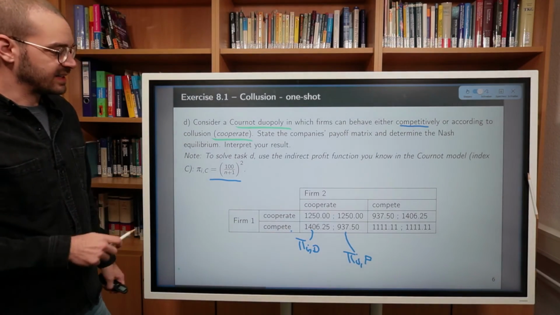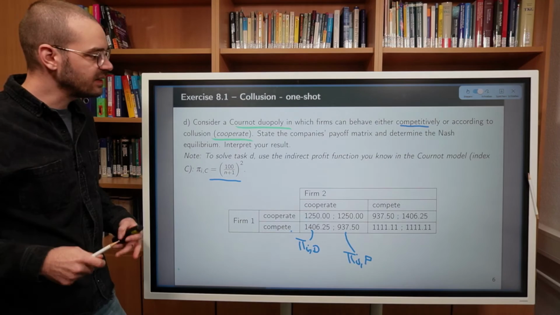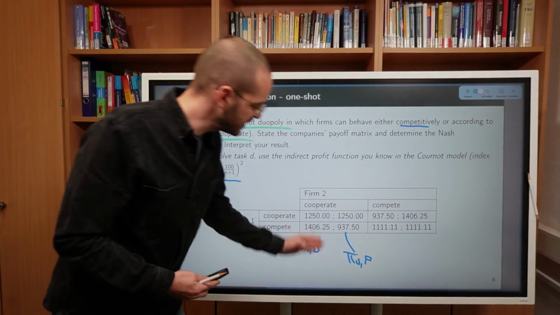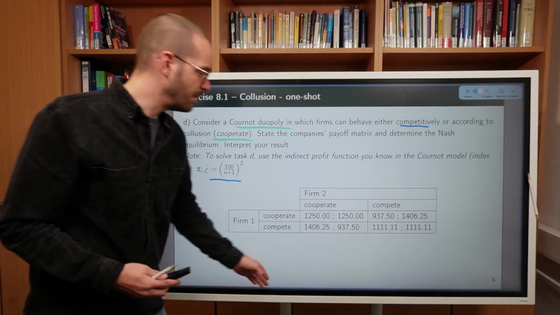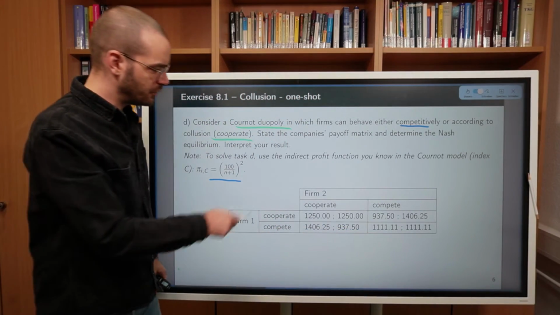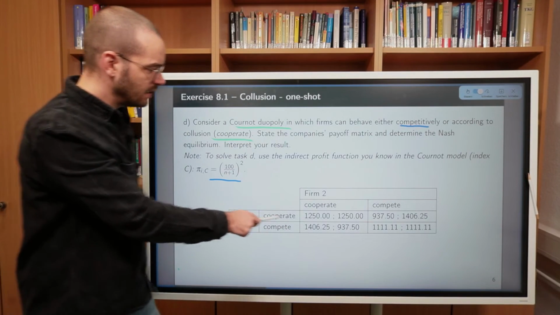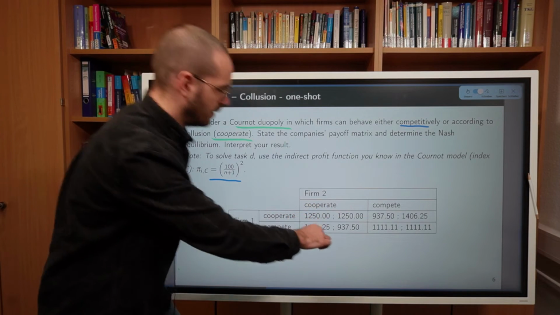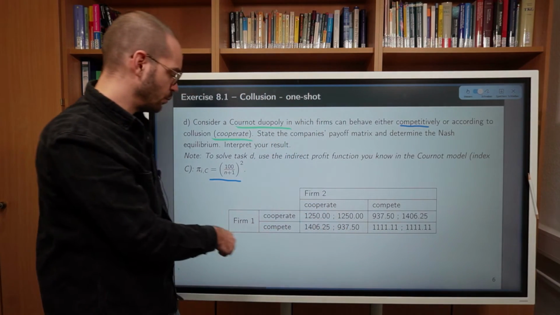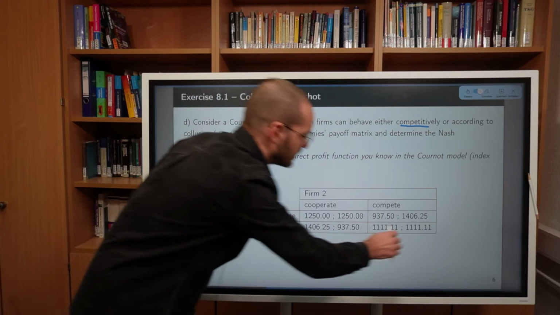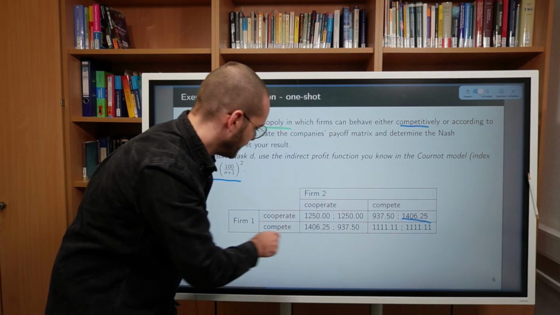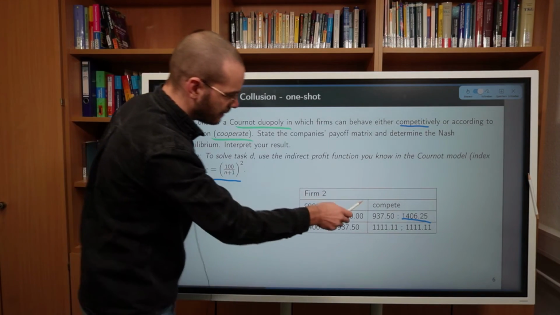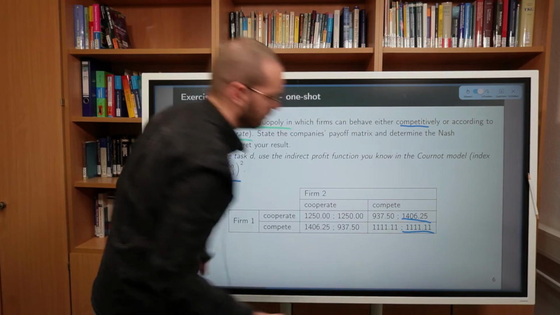Now we're finally asked to calculate or to find the Nash equilibrium in this scenario, and of course we can do this by simply underlining the best responses. And if we do this, well, let's compare payoffs of firm 2 for any given strategy of firm 1. We can see that if firm 1 chooses to cooperate, it is profit maximizing to compete. If firm 1 chooses the strategy compete, it is again profit maximizing to choose compete for firm 2 as well.